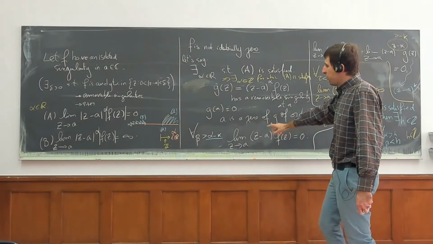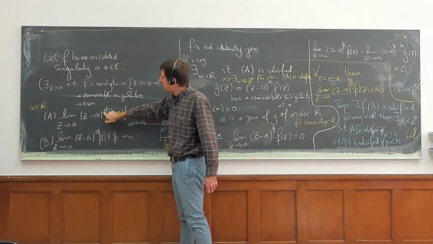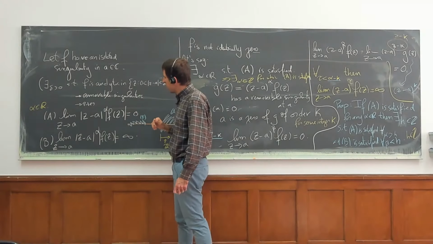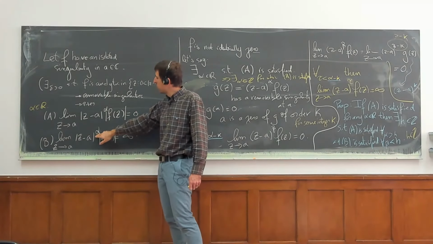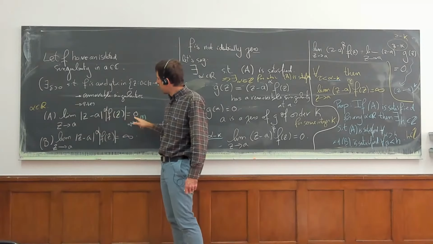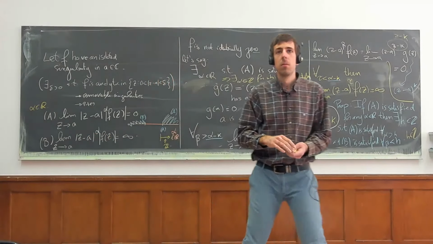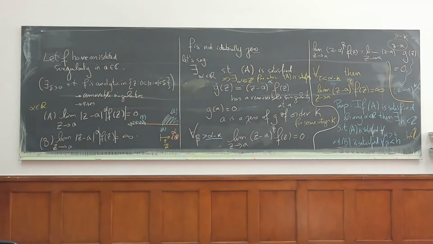If you need to put a positive thing here to make the limit go to zero, then you have a pole. If you need a negative to go to infinity, then you have a zero. And so h tells you about the order of poles or zeros, depending on whether the function has a zero or a pole.